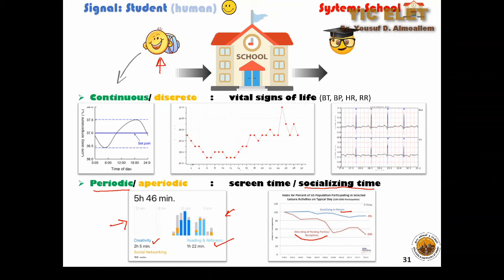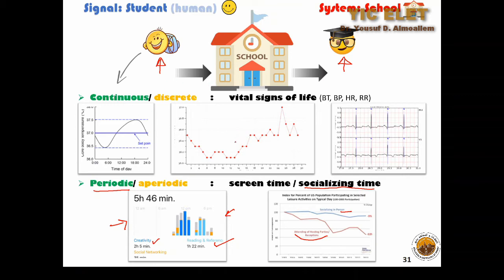If you monitor it and record it somewhere, and then after he finished college and is at the graduation time, if you have another snapshot of these things, then you would be able to figure out what is the impact of the system, of the school, on these signals.